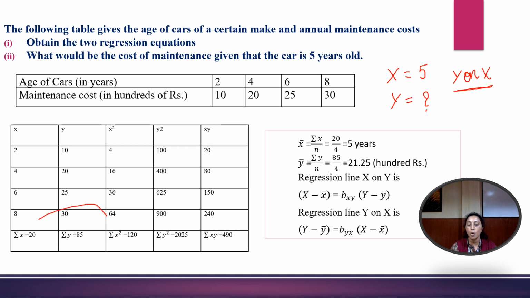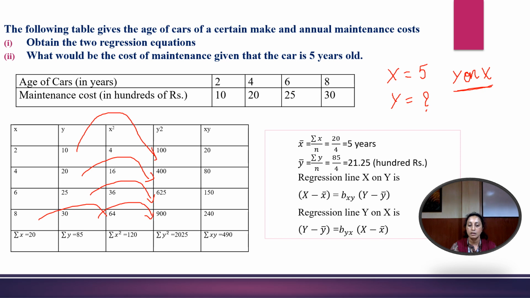When we add up all this data, we get the total as 120. Now let us find Y square: 10 square is 100, 20 square is 400, 25 square is 625, and 30 square is 900. If you add all this data, the total of Y square will be 2025.